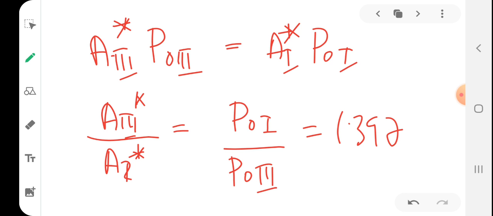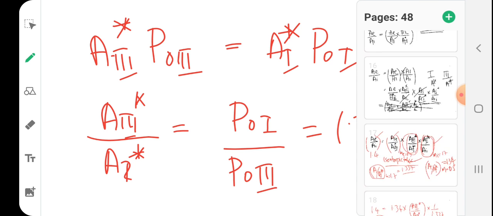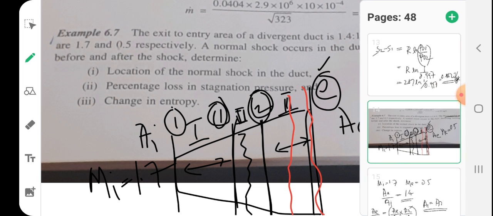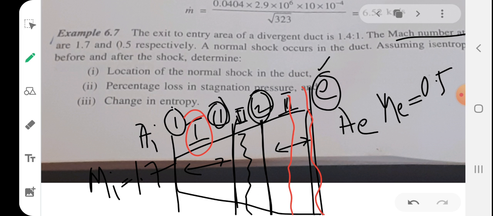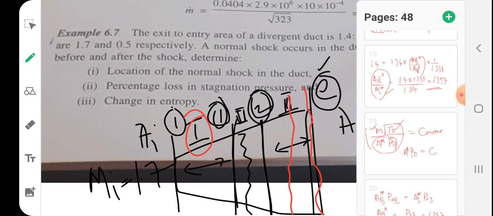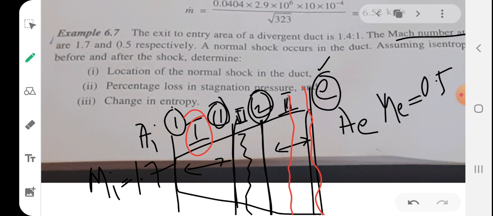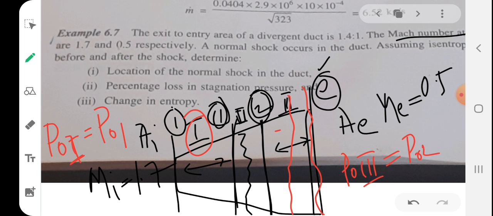So P01 is based on the first region. Since the process is isentropic, the stagnation pressure will be constant anywhere, so P01 will be equal to P01, and P03 will be equal to P02 because the process is isentropic here.